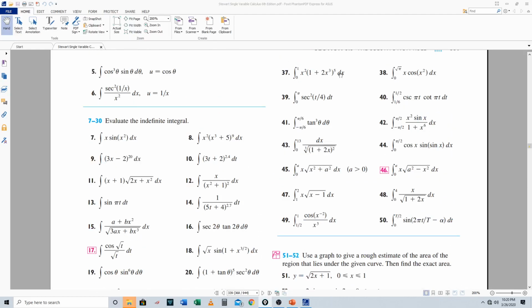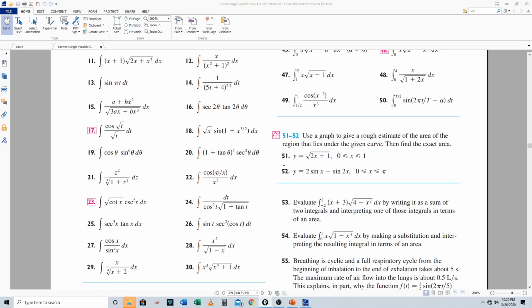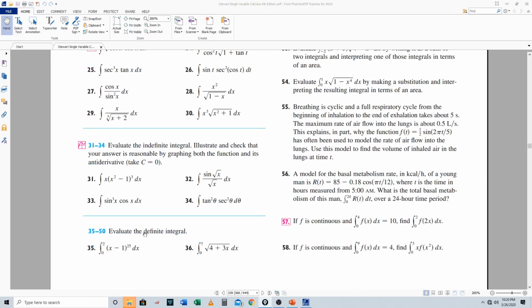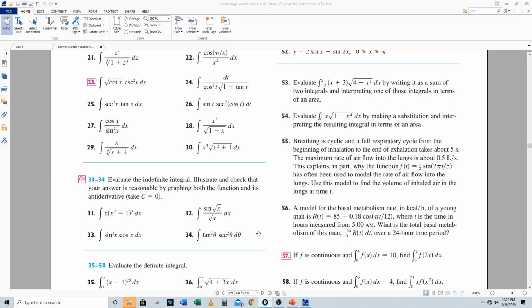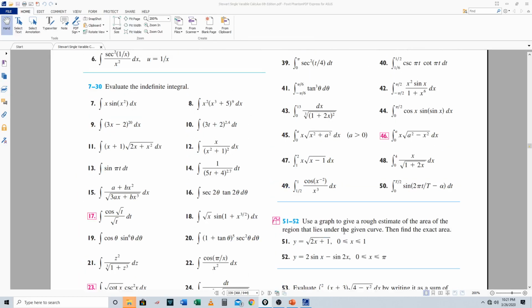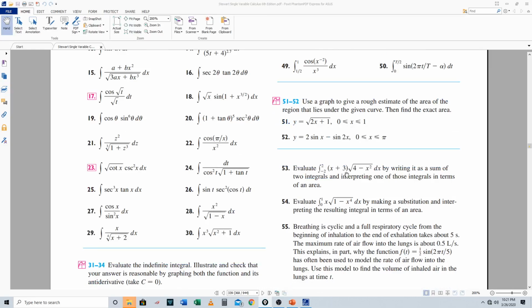Even the definite integration here, evaluate the definite integral, is still going to be the same way. You're going to do the substitution. It's just you don't have to worry about c. You're going to do the antiderivative and then plug in the values for the antiderivative, just like we did in the PowerPoint.